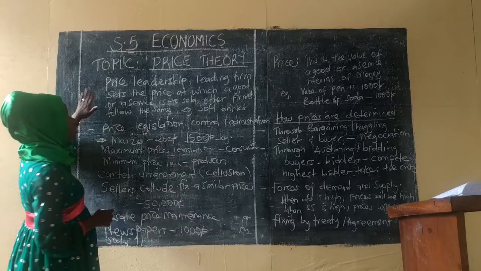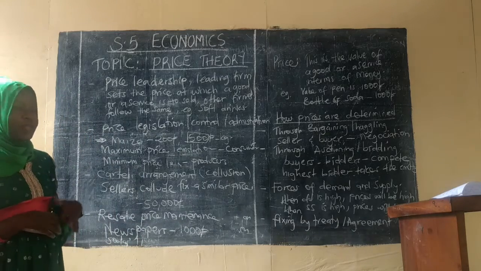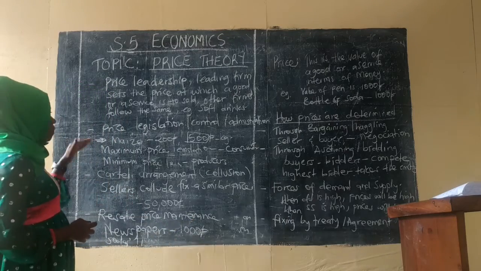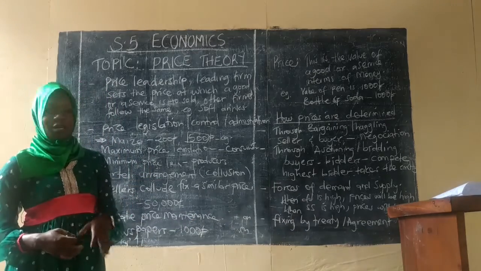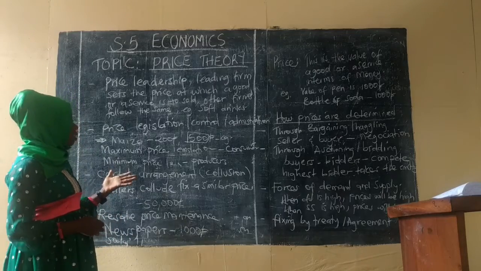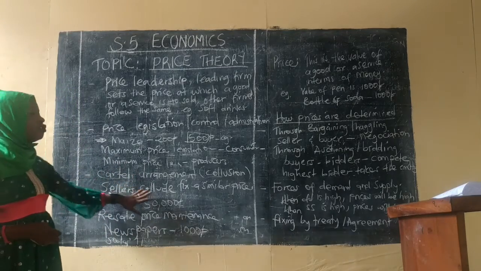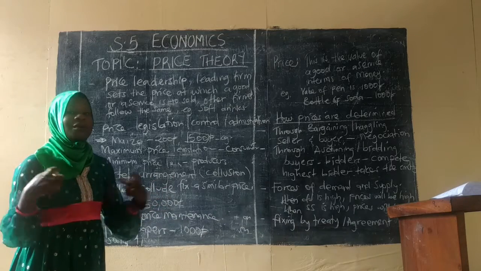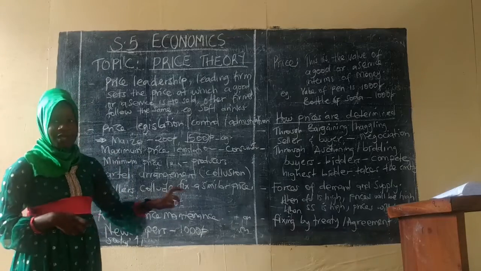Then we have price leadership, where we say that the leading firm sets the price at which other firms have to sell the commodity. Price legislation, we are looking at the government setting the price at which commodities have to be sold. Cartel arrangements, the sellers of the same commodity come together, sit and agree on how much to sell their products.